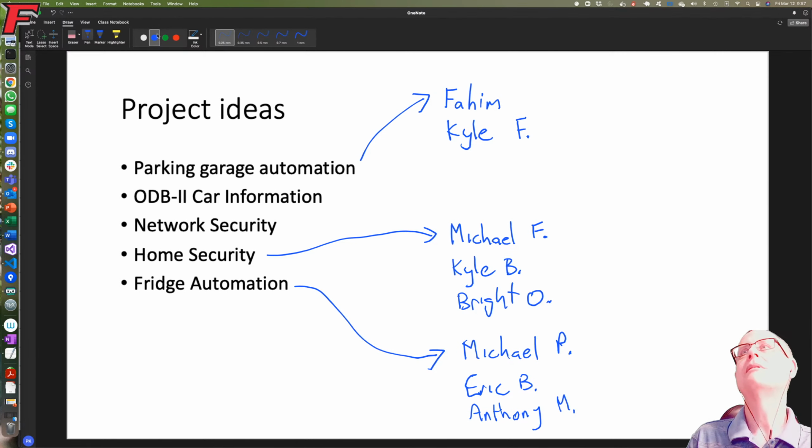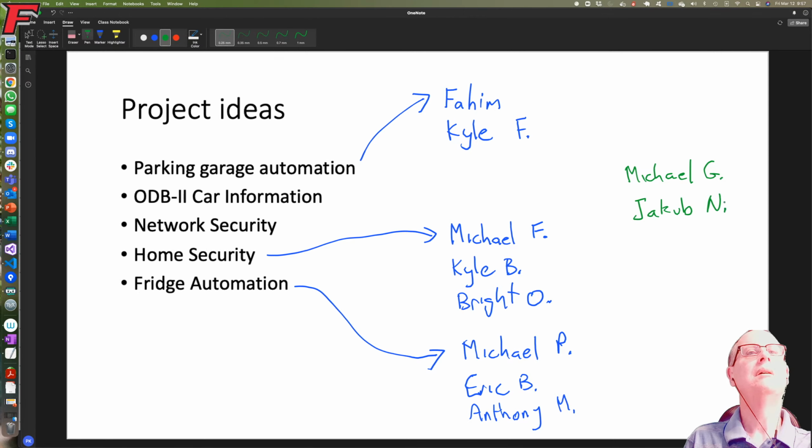So we've got two missing people. Right? Michael Gallagher and Jacob. I think at least one of those should join the parking garage group.